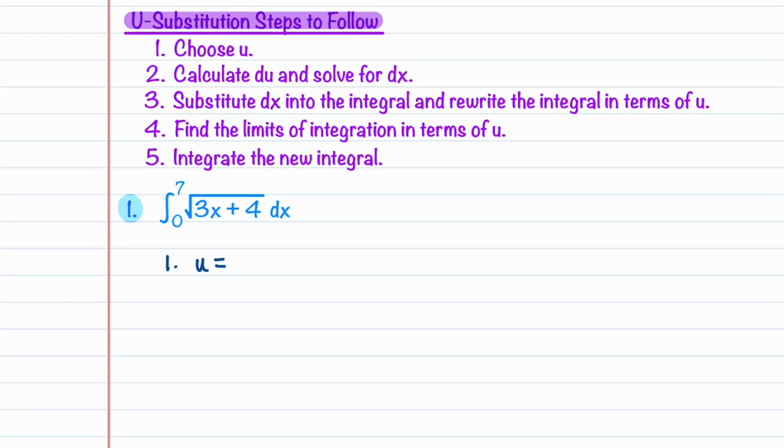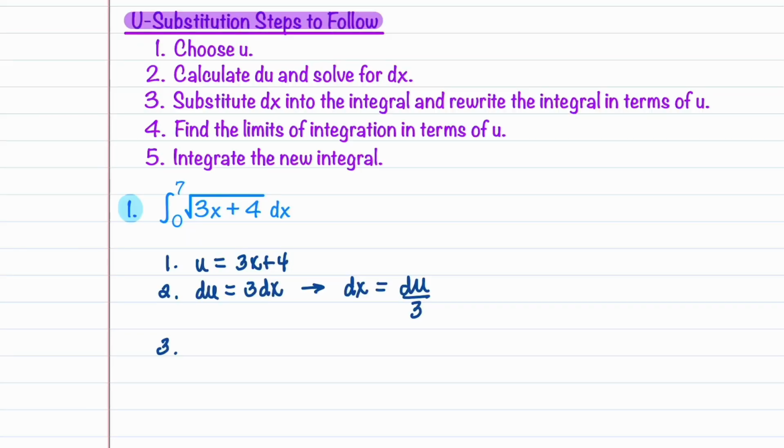I'm going to let u be equal to 3x plus 4. And then in step 2, we're going to calculate du and solve for dx. Du is equal to 3 dx, and that gives us that dx is du all divided by 3.